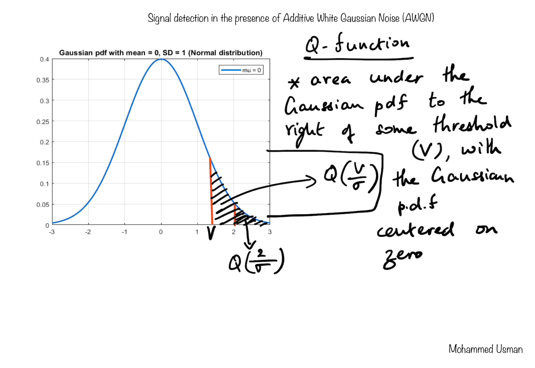The next observation that we make with regards to the Q function is that since the Gaussian PDF is symmetric, the area under the Gaussian PDF from, let's say, 2 to infinity is the same as minus infinity to minus 2.